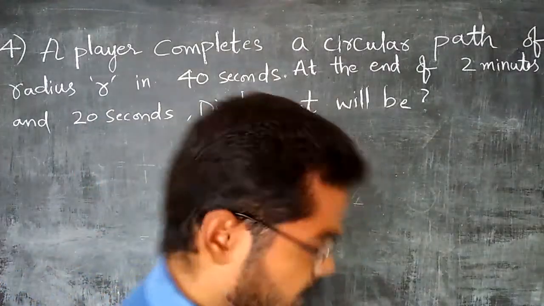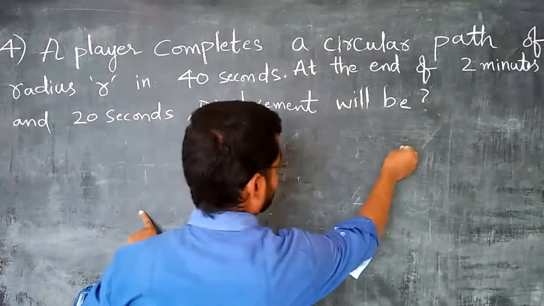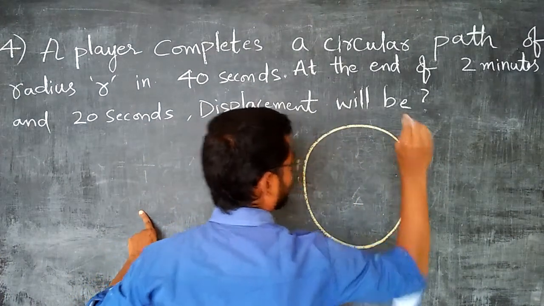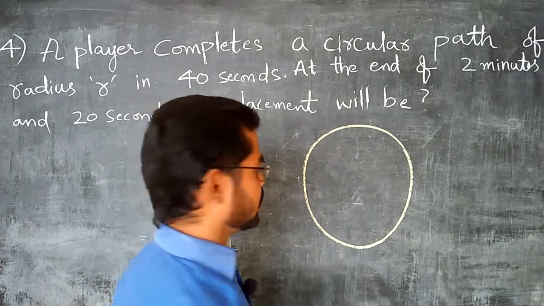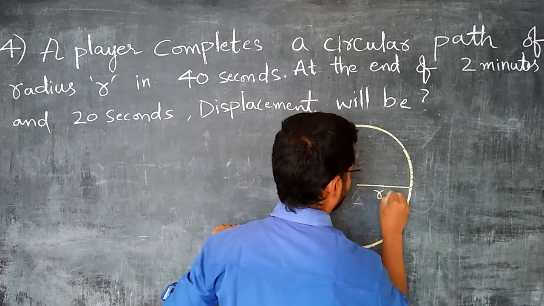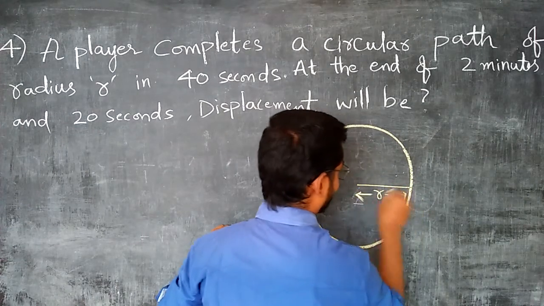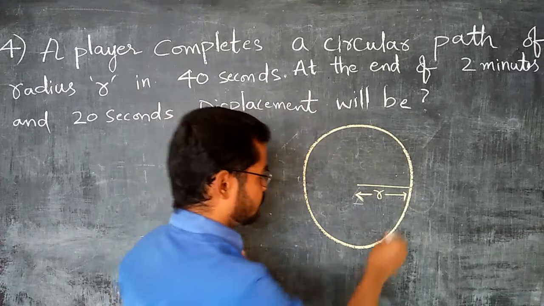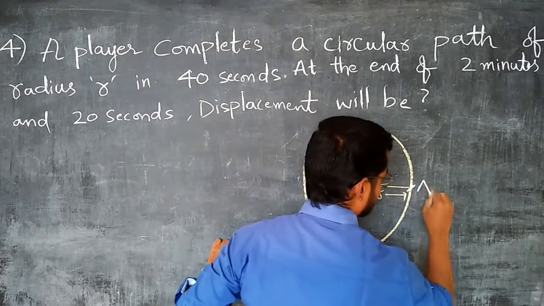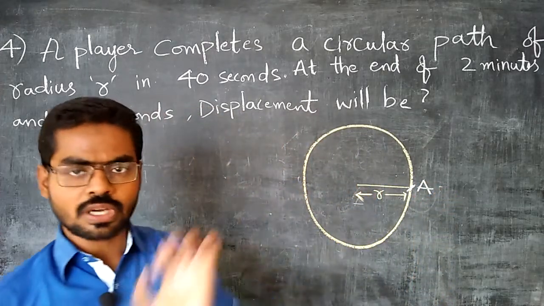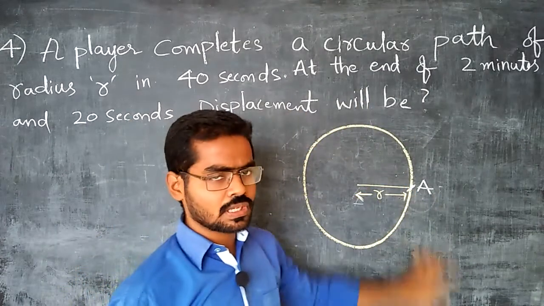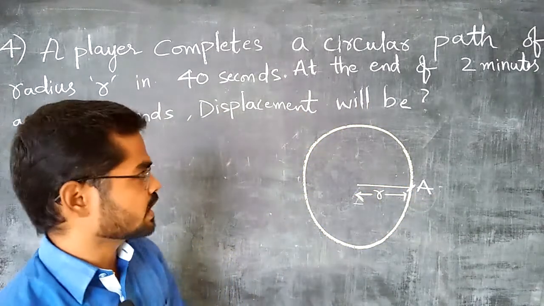If you have a circular track of radius r, to complete the full round, if he starts from this point A and again reaches this point A, the player will take a time of 40 seconds.